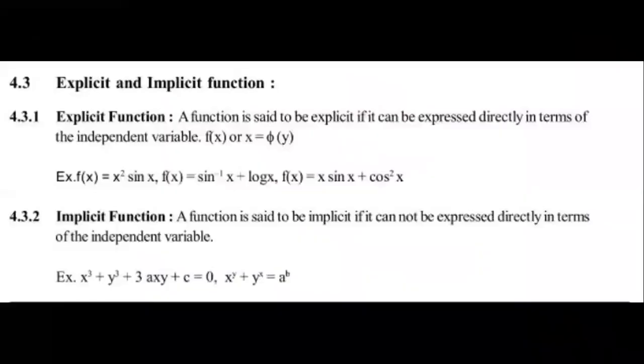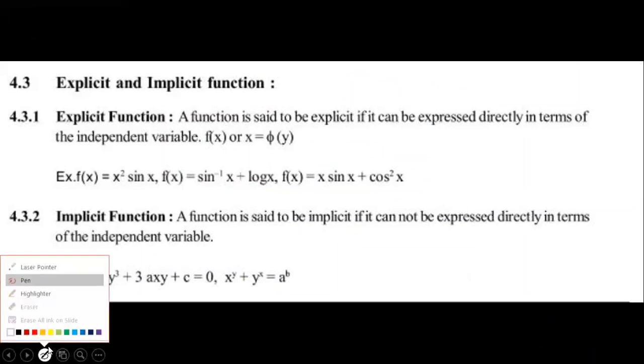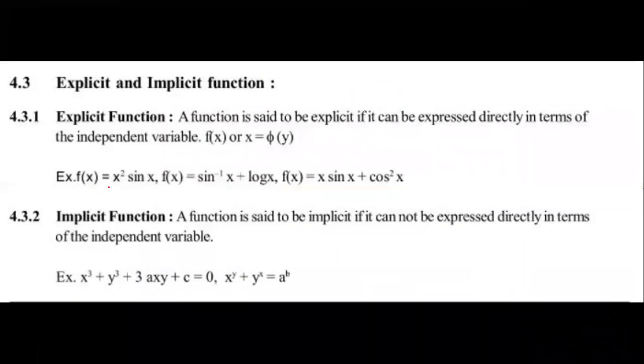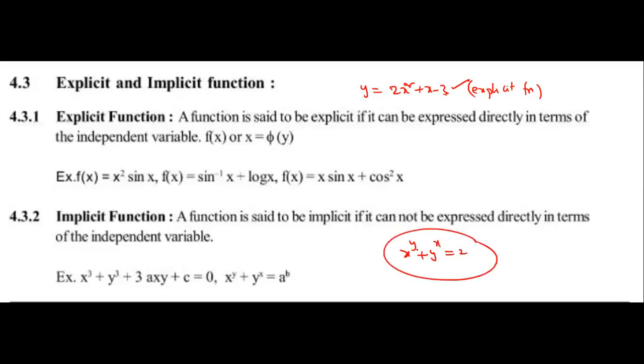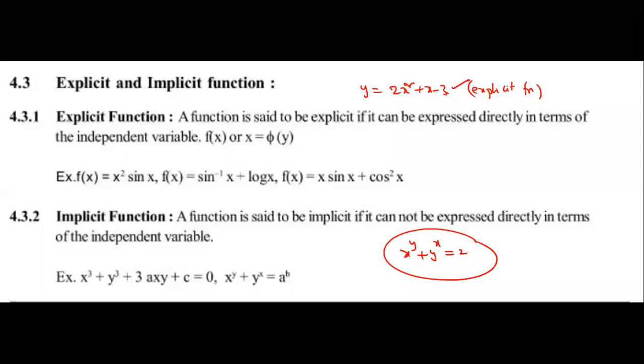Now, explicit and implicit function. It's very easy, nothing more. Dear students, suppose we are expressing y in terms of x, that is explicit function. Suppose x power y power x is equal to 2 is there. In this case, we cannot separate the variables. Again, x is on the left hand side, y is on the right hand side.